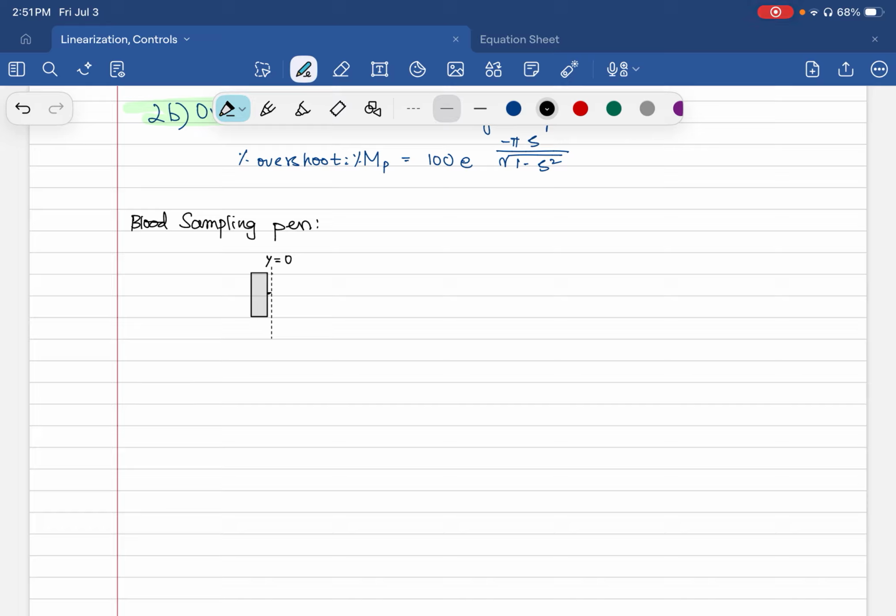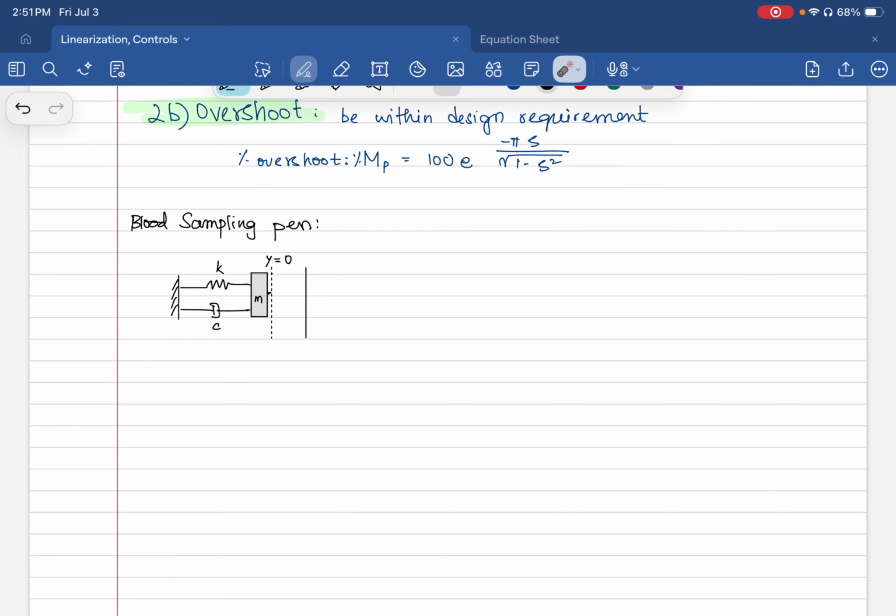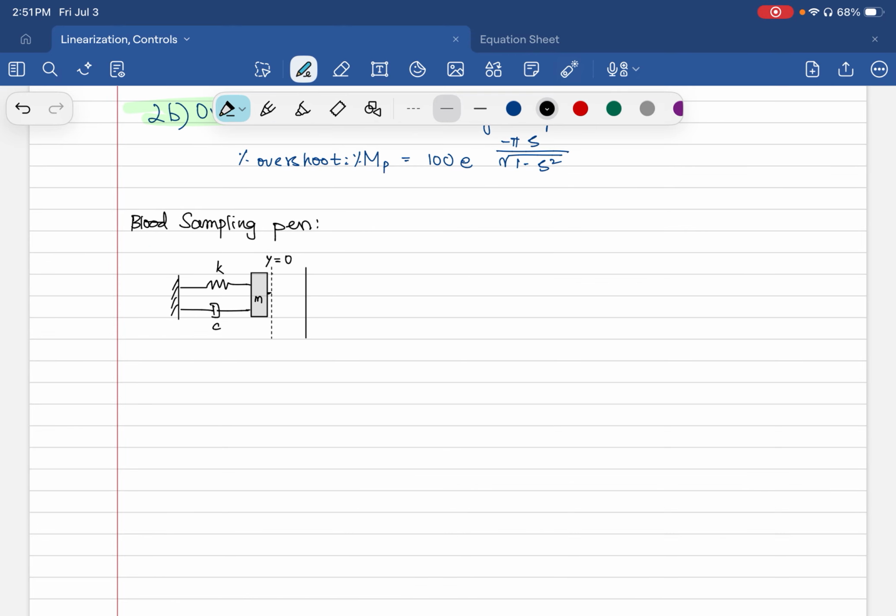It's just measuring from some point like this. Then you have this spring and this damper, and you have the skin at this position. The encasing of the pen holds that distance. So this here is the skin.